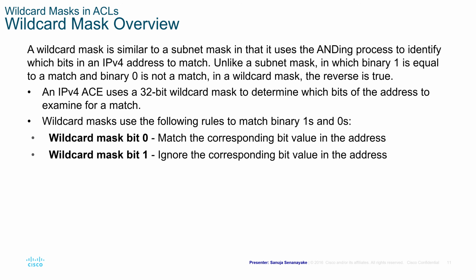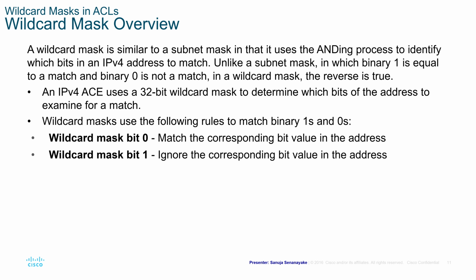If you don't remember, I will post a separate video later. But a wildcard mask is similar to a subnet mask. It also uses the same ANDing process to identify which bits of an IPv4 address to match, right? So recall how ANDing works, so you will have a better understanding of how ACLs use this.